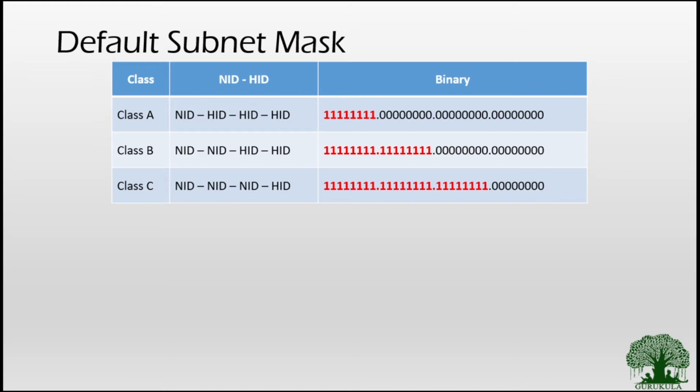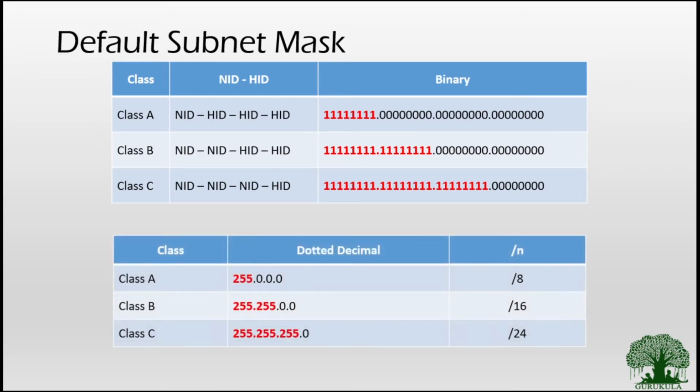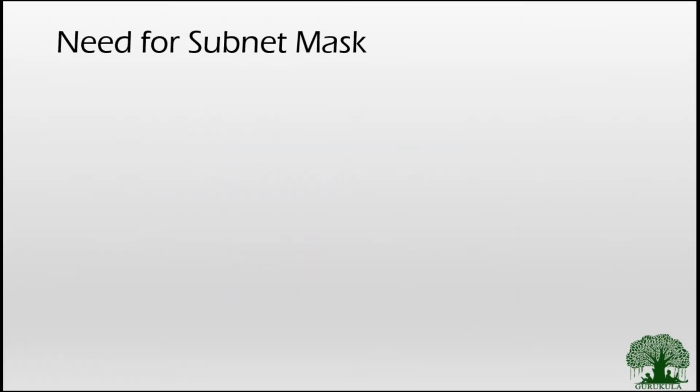This table will give you a clear understanding of what the default subnet mask is for each of the classes that you see. And then this is the dotted decimal representation and /n representation for the same class A, class B and class C. So if there is no subnetting performed, then the default /n representation for class A is /8, for class B is /16, and for class C is /24.